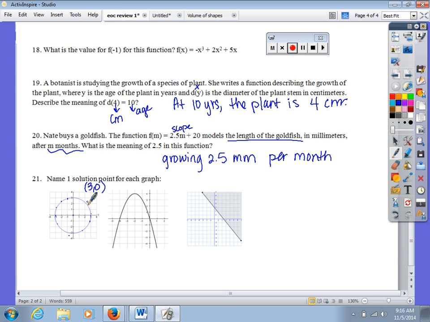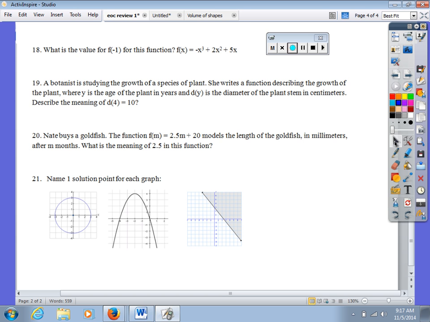Another solution point here, I'm going to say -4, 0, but you could have said any point located along the line. If it's an inequality, your solution points are anything in the shaded region. So I'm just going to pick this point right here, and that would be 3, 3. And that should be it for the EOC review.